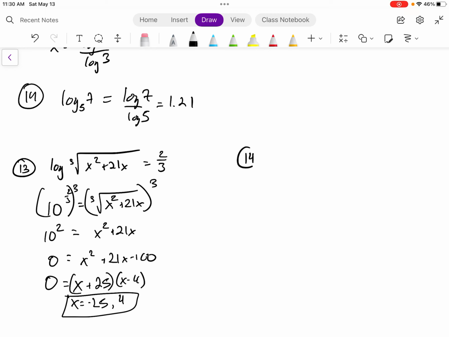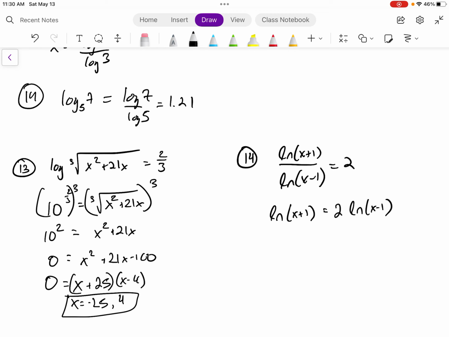Okay, my other one, number 14, looks something like this. This one is tricky. We're going to multiply by the natural log of x minus 1. And now we're kind of stuck here.